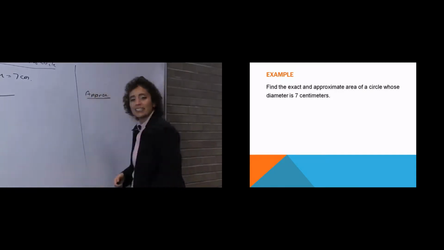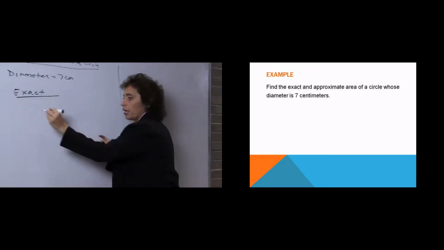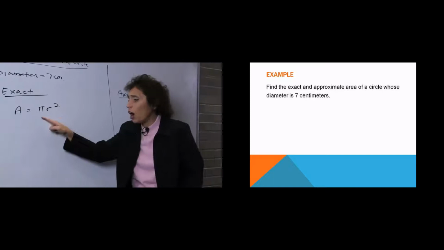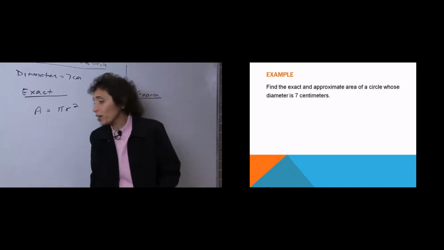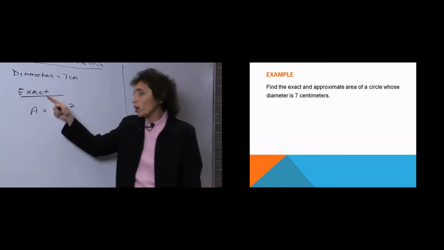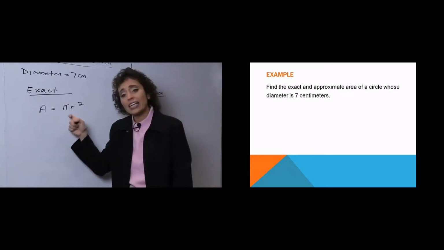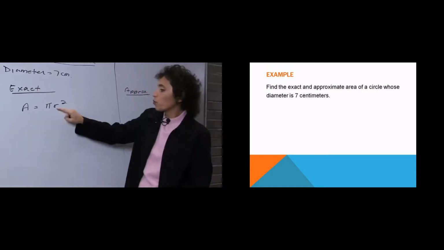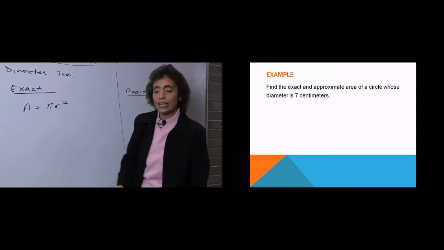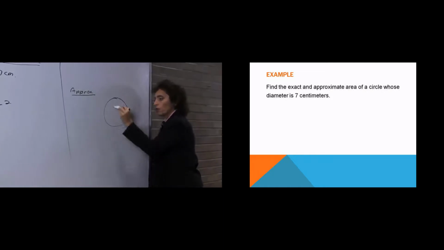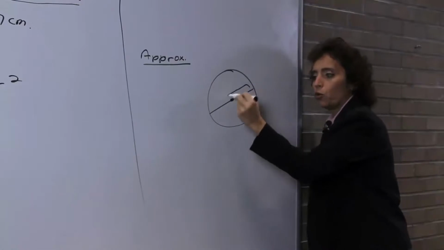Ready? Exact means, here's the formula, area equals pi r squared. Remember, pi is an irrational number that we kind of just round to 3.14 so we can use it. But if you want the exact answer, you got to keep pi in your answer. So that's going to be really simple to do. Okay, the radius, remember, is 1/2 of the diameter. So if we have a circle whose diameter is 7, that means this whole thing is 7.